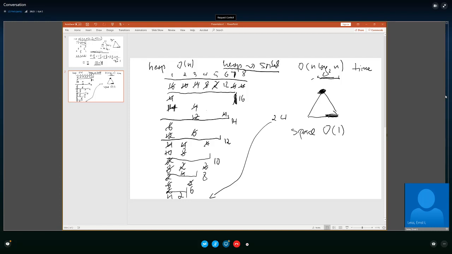So from that point of view, it is not very difficult to see that if you start with an already sorted array, this is just about the worst starting point for heap sort that you can think of.